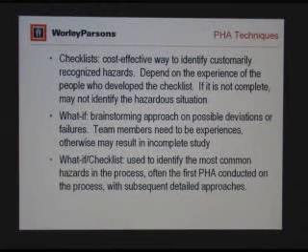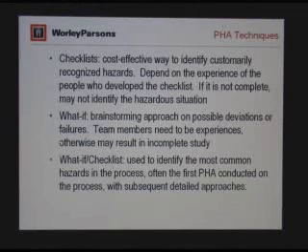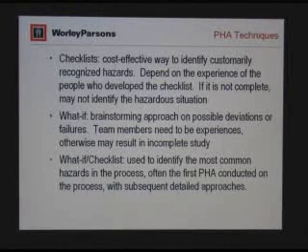It is a very cost-effective way to identify hazards, but however, it's very dependent on the experience of the people who develop the checklist. So if we start with a complete checklist, covering all the safety problems, then we'll have a successful PHA. Otherwise, we can overlook a lot of hazardous situations.